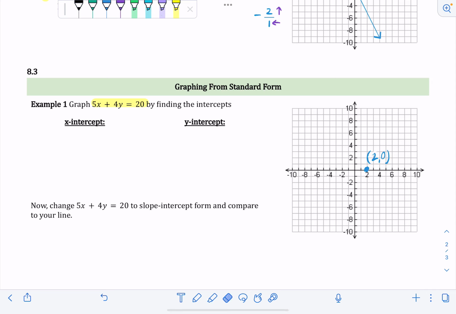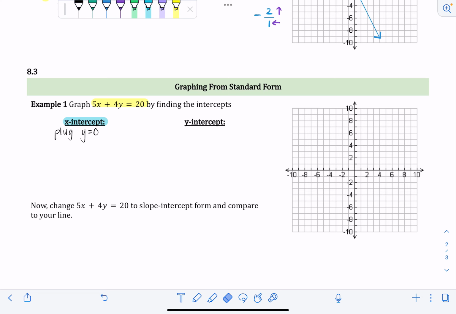So if we wanted to find the x-intercept, we have to substitute in, or plug in, y equals 0. Because any point on the x-axis, any x-intercept, is always going to have a y-coordinate of 0, a y value of 0. That's what makes it fall on the x-axis.